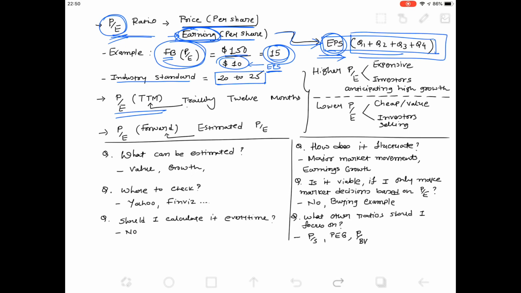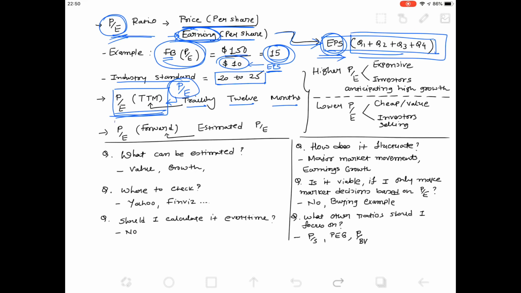So that is what we call trailing 12 months period, right? So if you are using last 4 quarters earning, that will be considered as a PETTM. Most of the time you will see the term PE. So this PE is by default PETTM. That's a 12 months period ratio for the past 4 quarters earning.